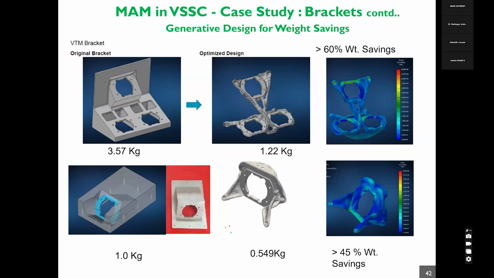And this is one case study wherein we have used DFAM, or design for additive manufacturing, to optimize the mass. So this is the conventional design and we have optimized the design which is suitable for additive manufacturing. So two such brackets we have optimized, and this is where I mentioned about gaining at least 7 to 8 kilograms payload because of the weight savings we could get in these brackets.